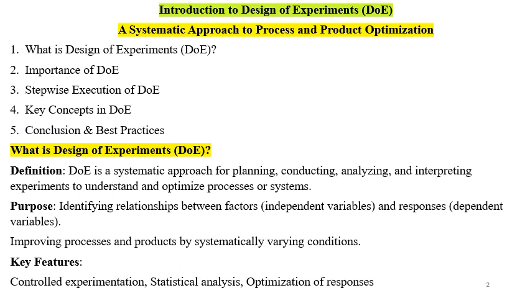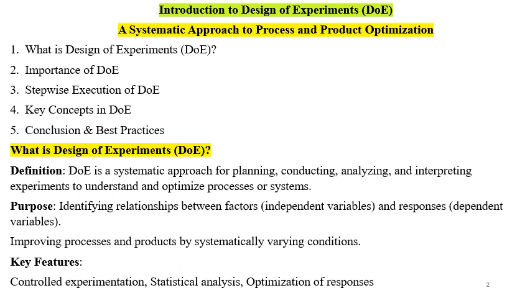Then once you complete the DOE experimentation, you will have some data. That data is to be analyzed and the results are interpreted to understand the optimized parameters for the process or composition of the formulation.